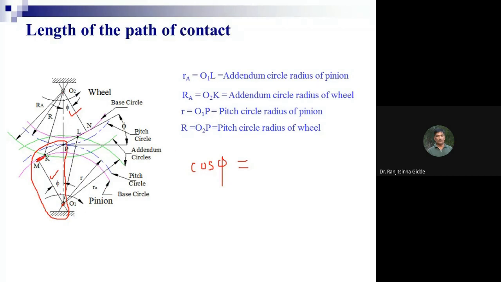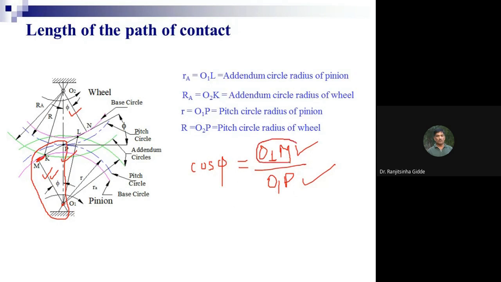So cos phi, how are we going to write here? O1M divided by this O1P, right? This side divided by this hypotenuse, that is nothing but cos phi.